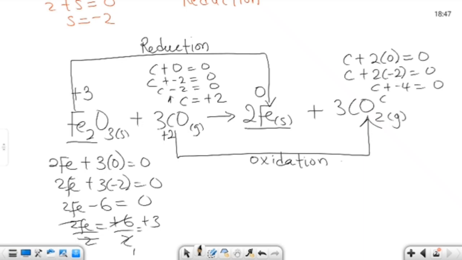So this becomes C minus 4 equals 0. Therefore C equals plus 4. So the oxidation number of carbon here is plus 4. If you look at this, it means the oxidation number of carbon is increasing. Therefore we say that it is undergoing oxidation.